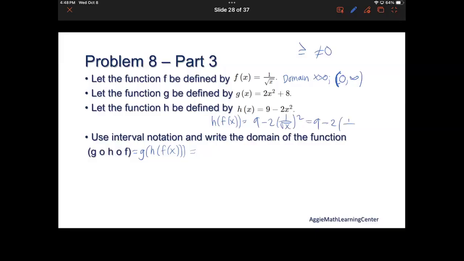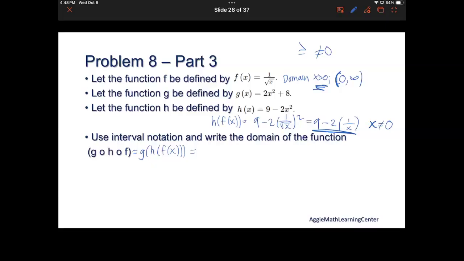The square root of x squared is x. So the domain of this expression right here is just that x can't be 0, right? That's the only place I have inputs. And we already know that. For our current domain, the current guess for our domain of g of h of x is the domain of f, and x already can't be 0, so we're cool.